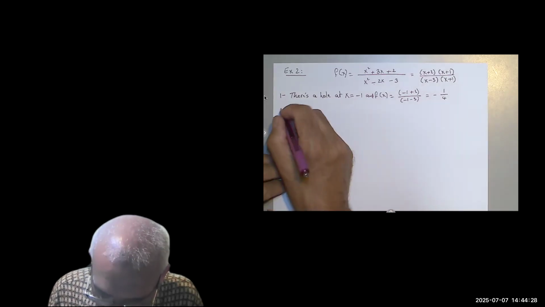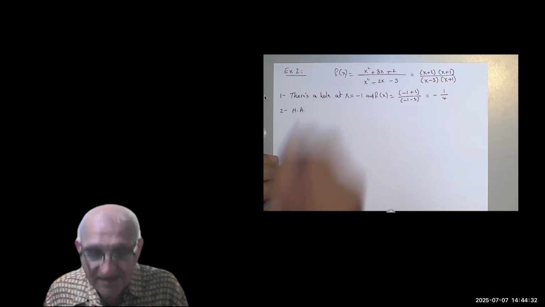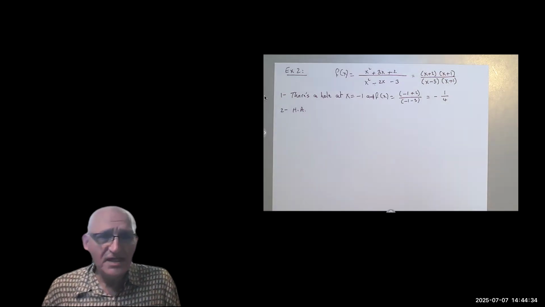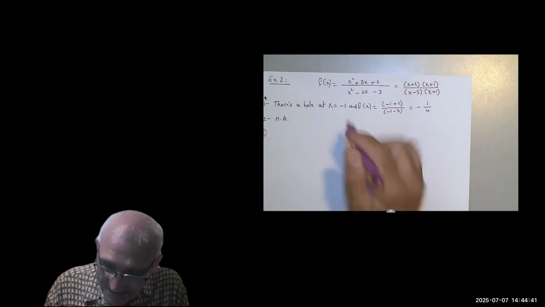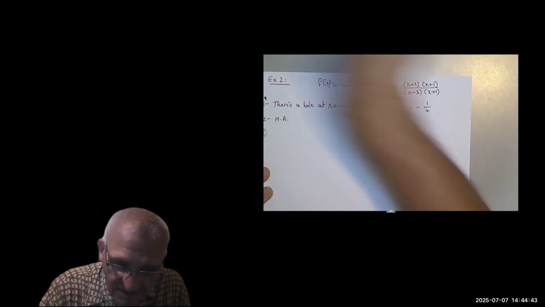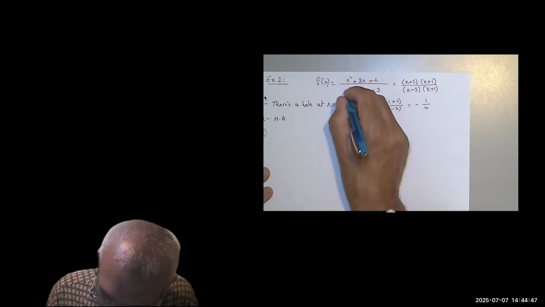After that, remember we said horizontal or slant asymptote. Here we know it's horizontal. Why? Because the degree is the same. And of course, the leading coefficient here is a hidden 1, as well as down below, it's a hidden 1.